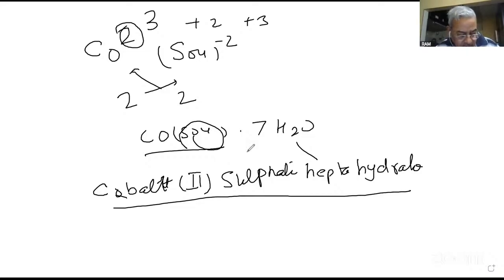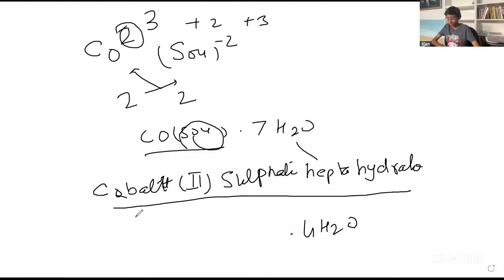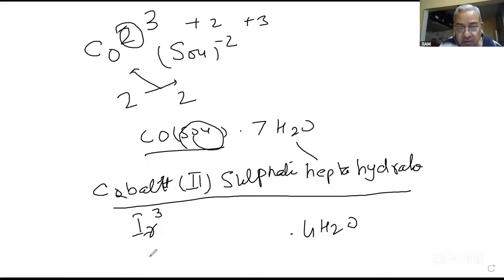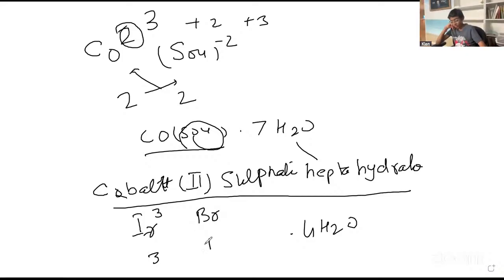Then comes B: indium 3 bromide tetrahydrate. Tetra means 4, so there will be 4 H2O. Then comes iridium 3, so here it will be iridium 3. Then bromide, bromine is having 1.